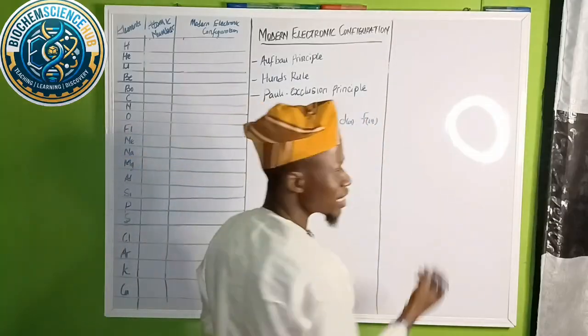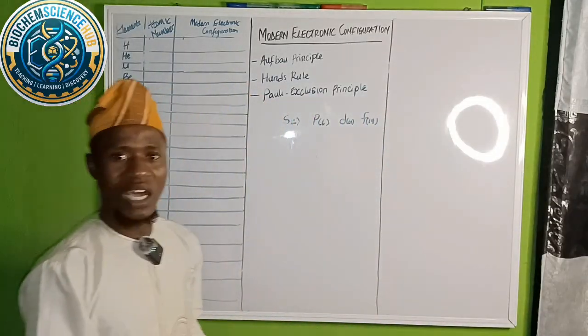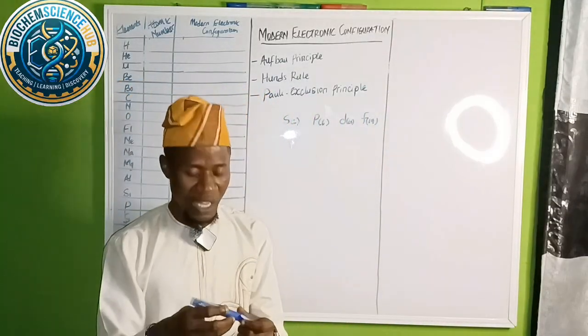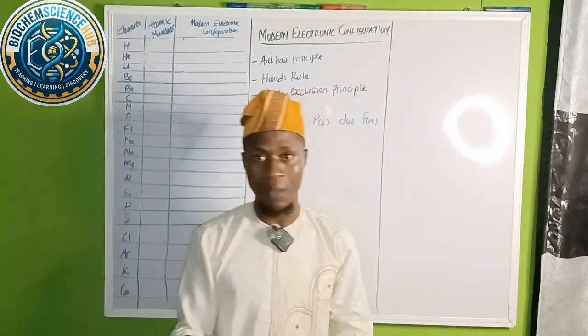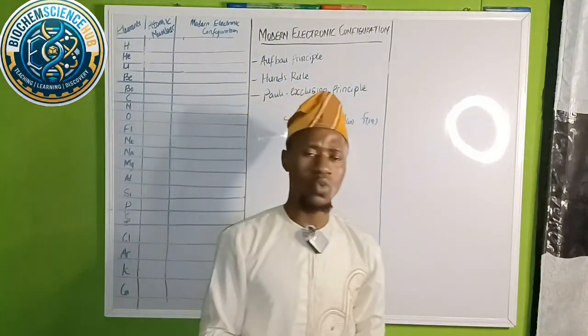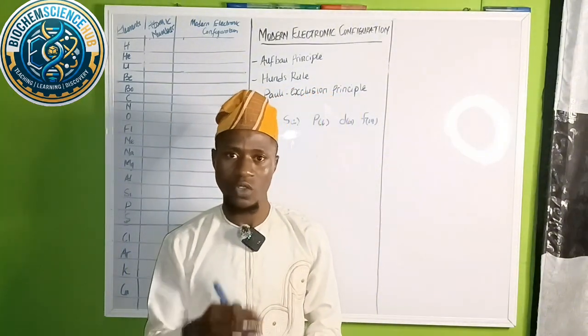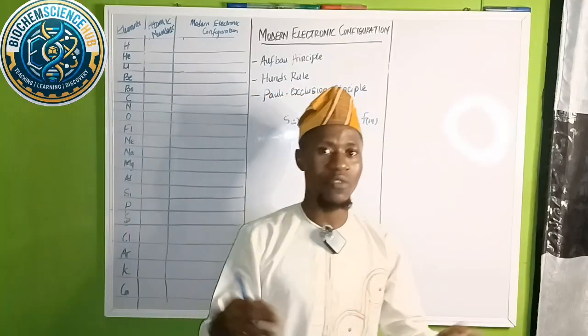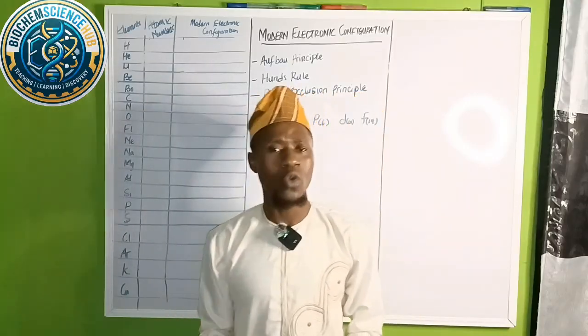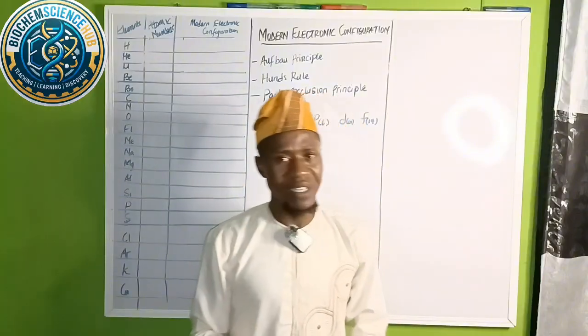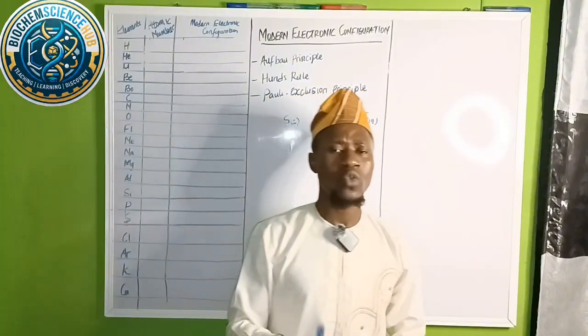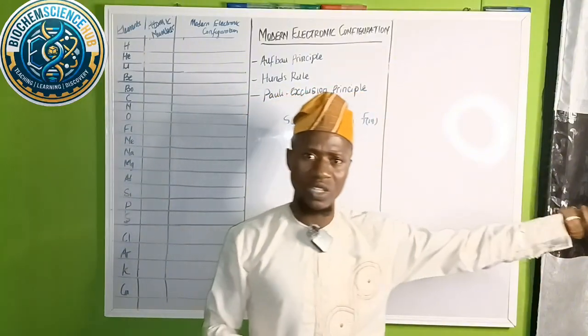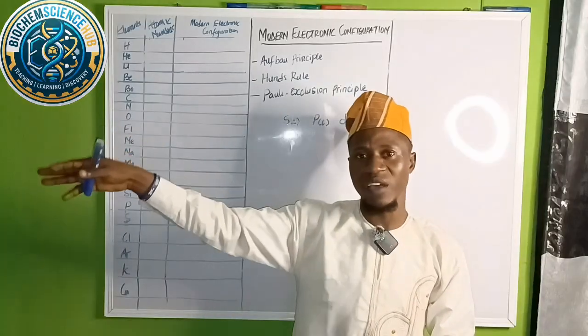This modern electronic configuration is just like sub-levels. Say you are looking for a student in a particular hostel, in a building. You have to know which floor the student belongs to: floor 1, floor 2, floor 3, or floor 4. After determining the floor, you have to know the wing: the right wing or the left wing.